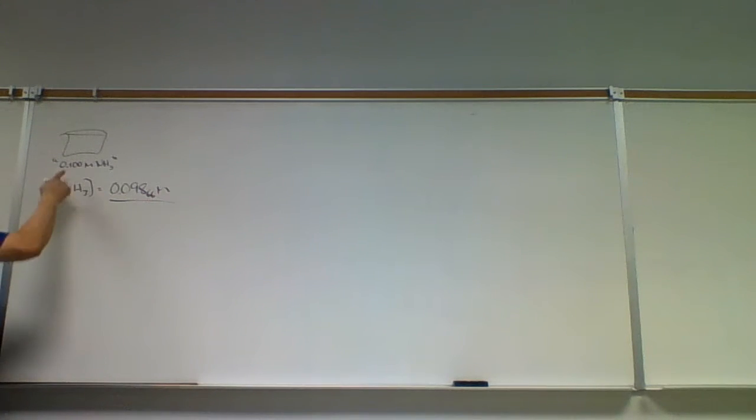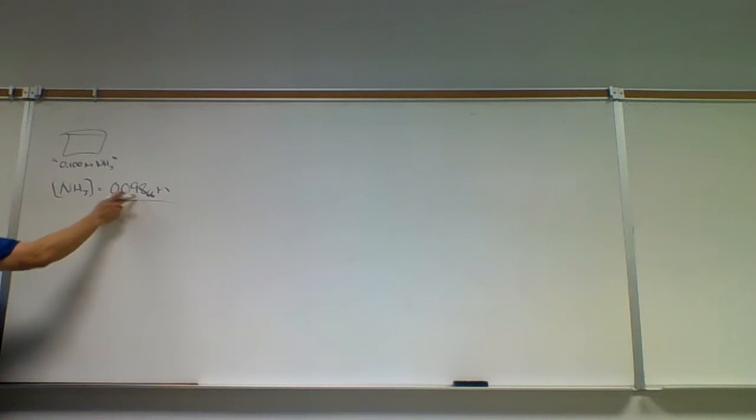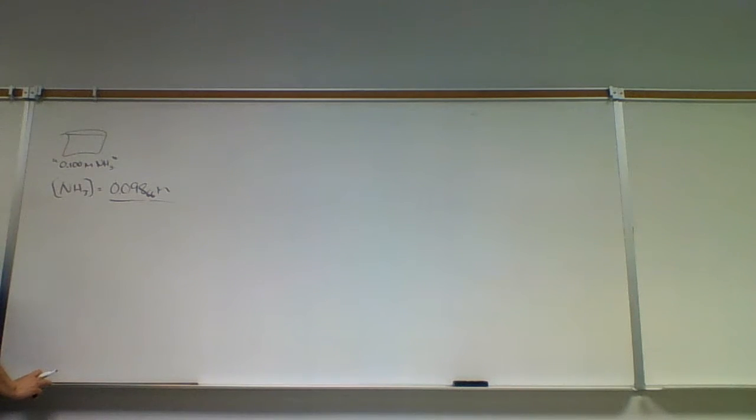All right, so not at the full 0.100 because it's a weak base. Weak bases are partially ionized. Well, what is the percent ionization? How much did we lose? Well, out of 100, we only lost 1.34 percent.